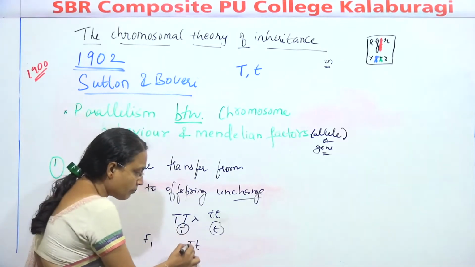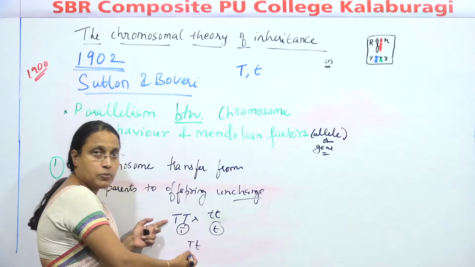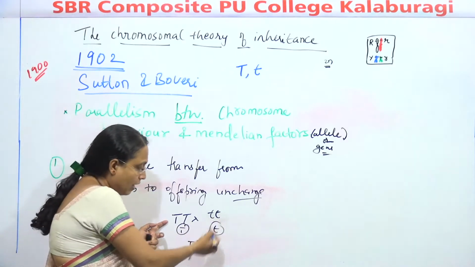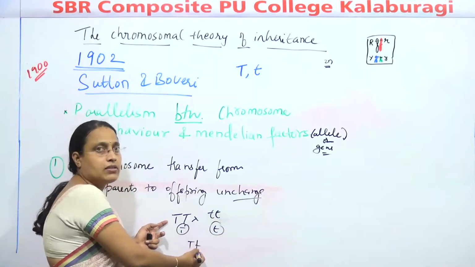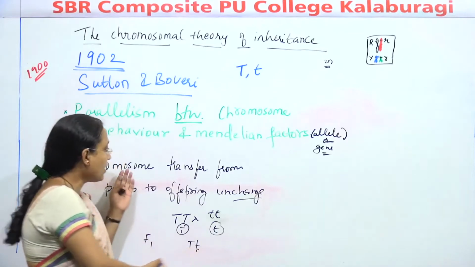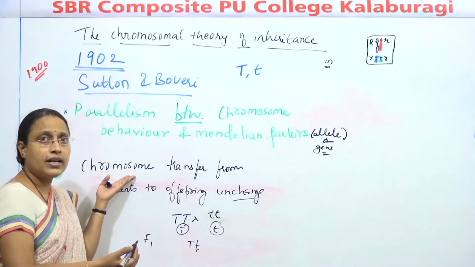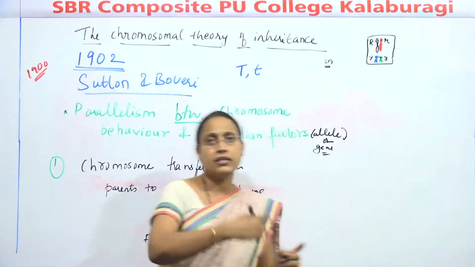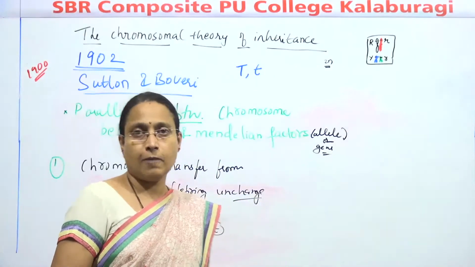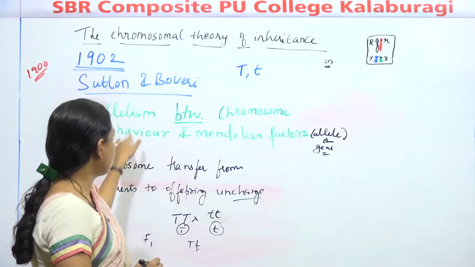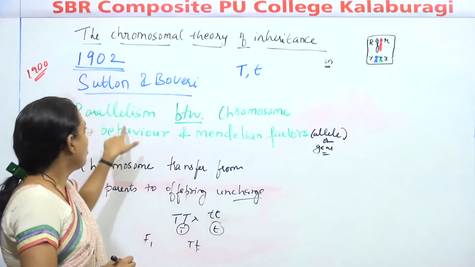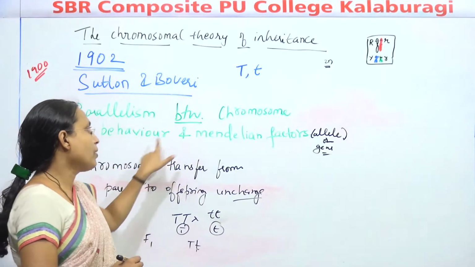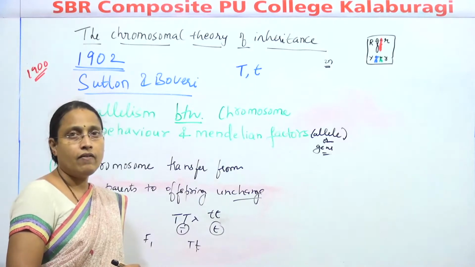It is not becoming something else. It is just expressing the same character. So T also is transmitting to the next generation. And so also chromosomes are getting transmitted. Suppose this R goes to one of the gametes, and that gamete goes to the offspring, so it is going to be transmitted in the same way. So that becomes the first similarity between chromosome behavior and Mendelian factors.